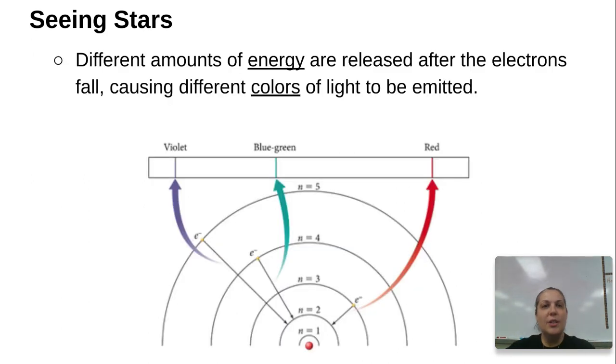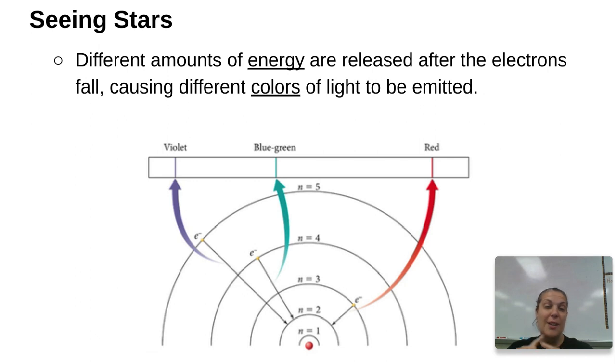So the different amounts of energy that are released after electrons fall cause different colors of light to be emitted. So every level has a different amount of energy in every single element. They're different distances, and that's going to cause a different color because all colors have different amounts of energy associated with them.